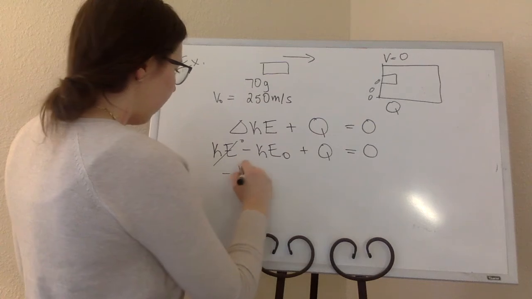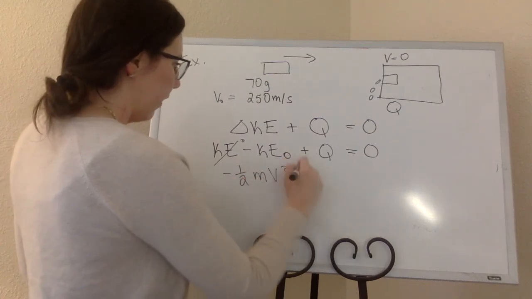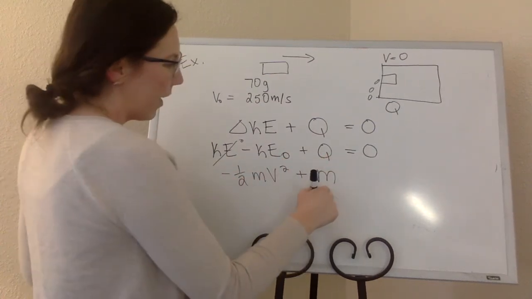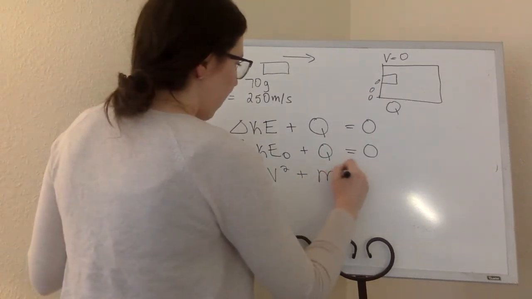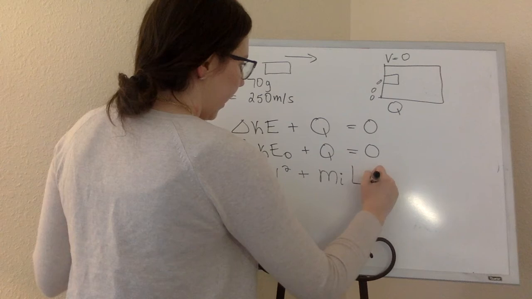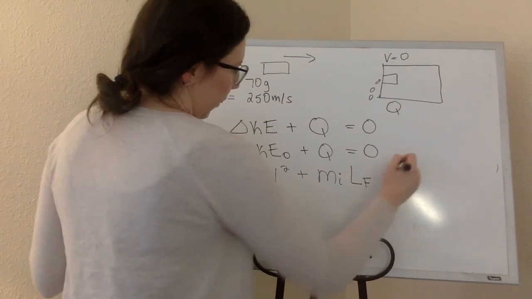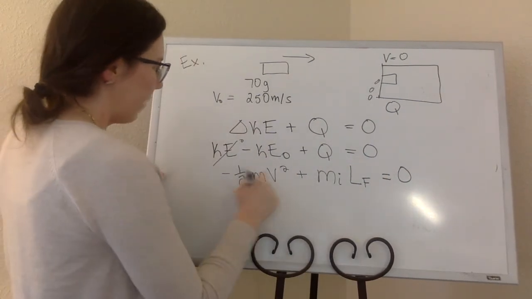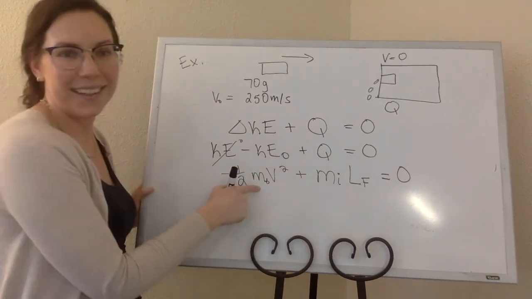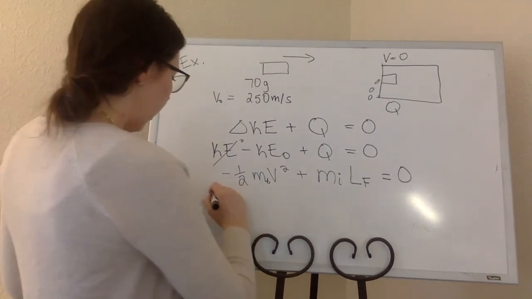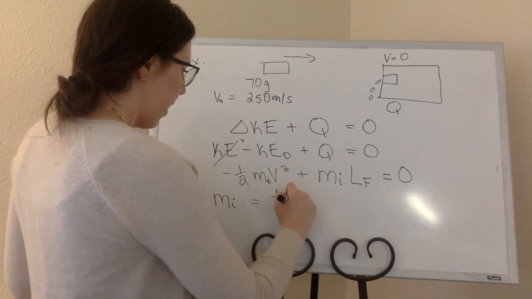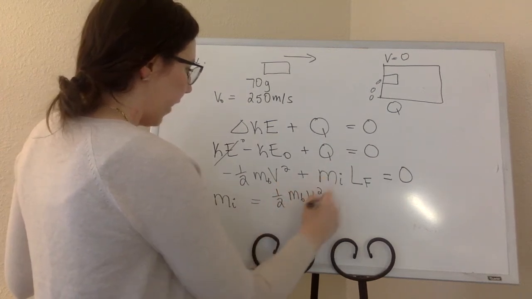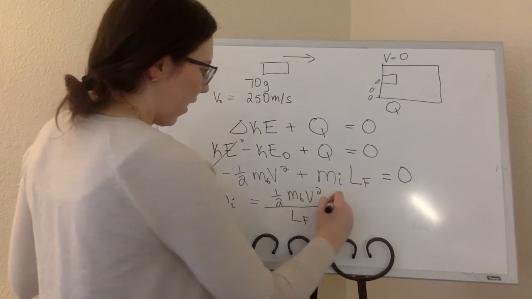So we'll have negative 1/2 mv squared plus, because it requires energy to melt that ice, the mass of ice that melts times the latent heat of fusion of water, which equals 0. This is the mass of the bullet. Maybe I'll put MB to indicate that it's the bullet. So then MI will equal 1/2 mass of the bullet v squared over the latent heat of fusion of water.